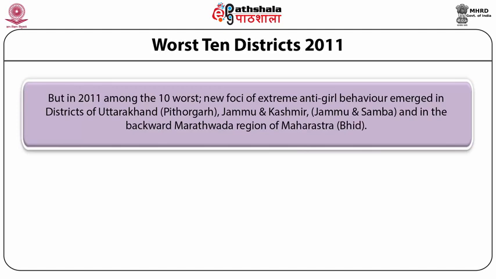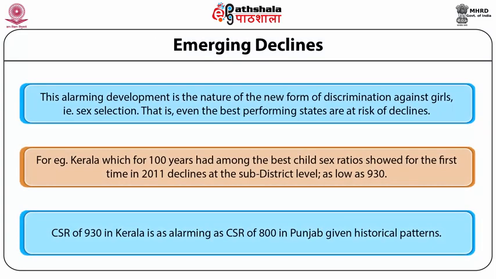This change among the worst 10 districts is itself one way to look at the dramatic changes happening in the regional demography of our country as far as child sex ratios at birth are concerned. Now we come to some of the best states.